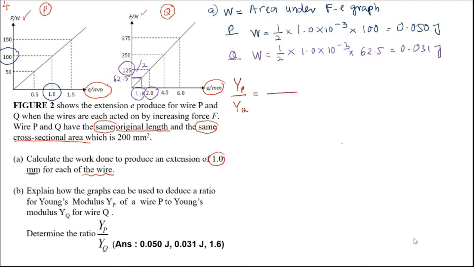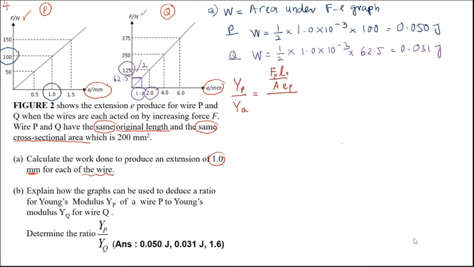So from the equation of Young modulus, we have F L naught per AE. Because that one is Young modulus P, I'm using force P, and the elongation is the elongation for wire P.